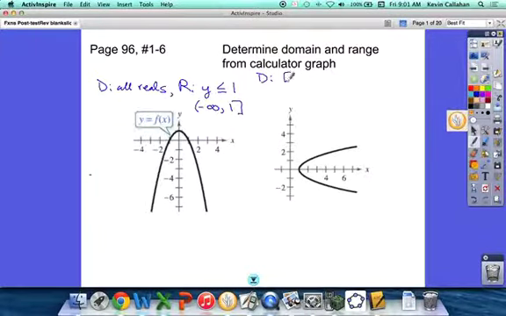Okay, you could do 1 to infinity, or if I did it like this, it would be x greater than or equal to 1. And again, this is a parabola, which we did already because we did that section on conic sections. When the parabola is laying down to the side, we can assume that it's going infinitely up and down, so the range is all reals.